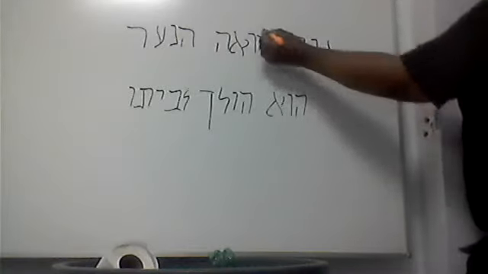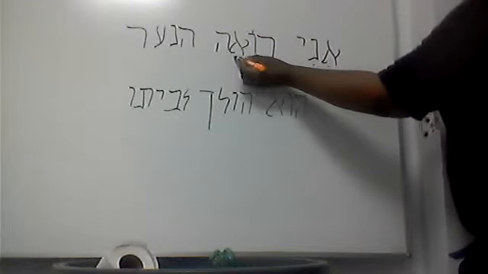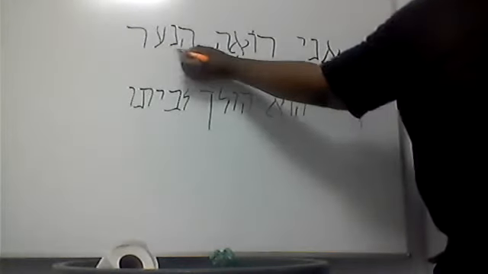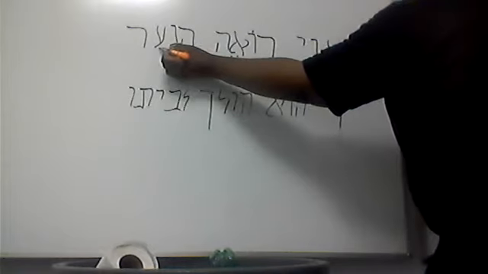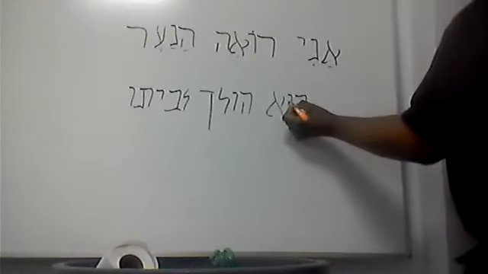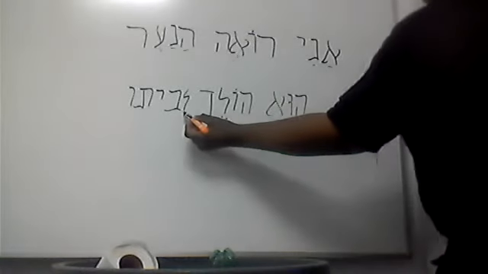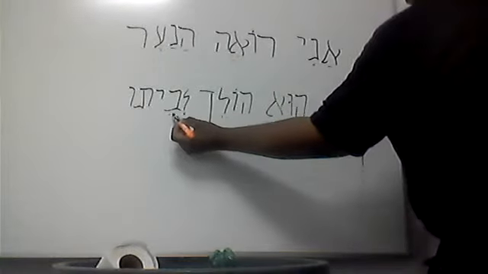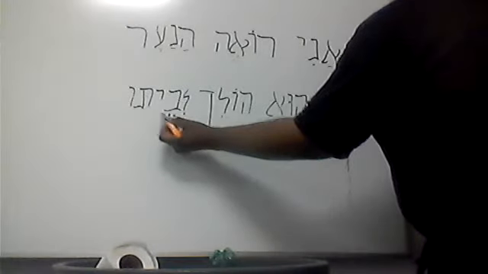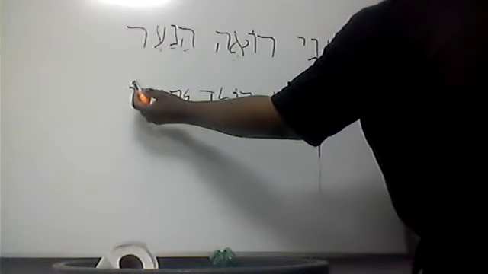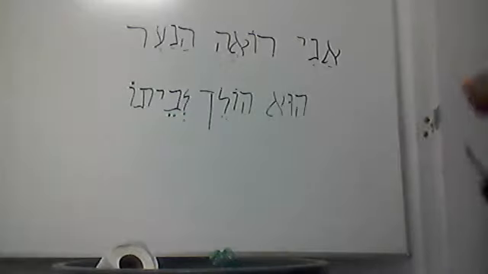Ani ro'eh hana'ar. Hu holek lebeto. We're going to translate this and show the aspect that we're speaking of.